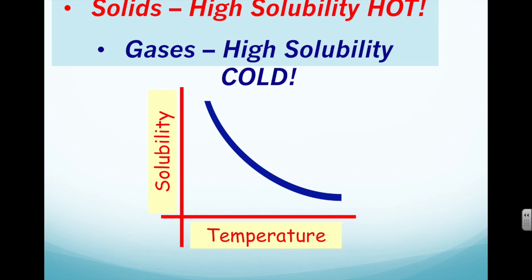So this breaks it down to the bare bones. Solids have a higher solubility if they're hot, so solids will slope up, and gases will slope down.